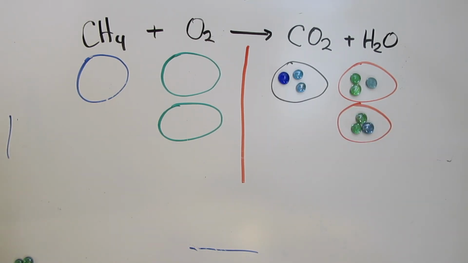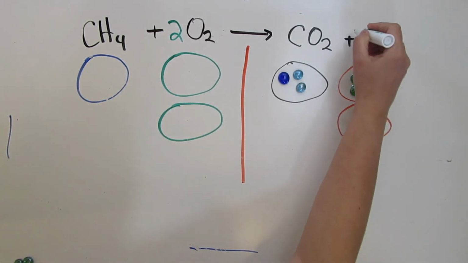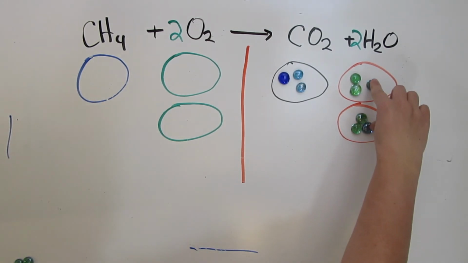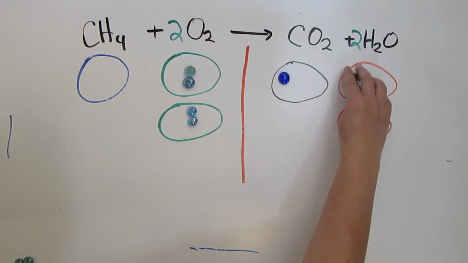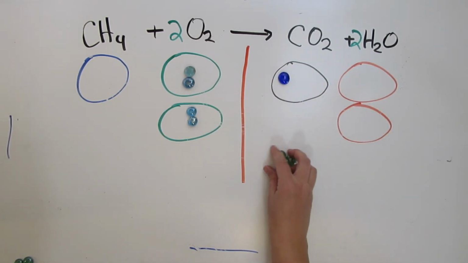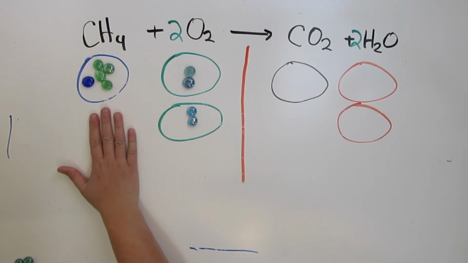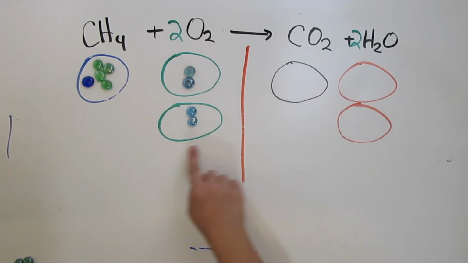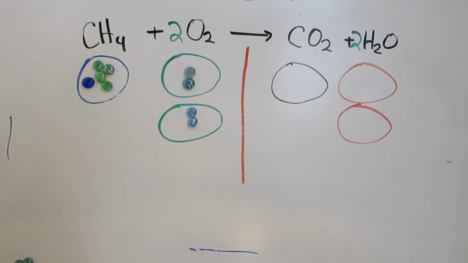This tells us that our balanced equation is going to be one methane and two oxygens, making one carbon dioxide and two waters. And let's just double check that by moving everything that's over here back to the ingredient side. And you can see here that indeed everything we had over here syncs up with what we have on the reactant side.